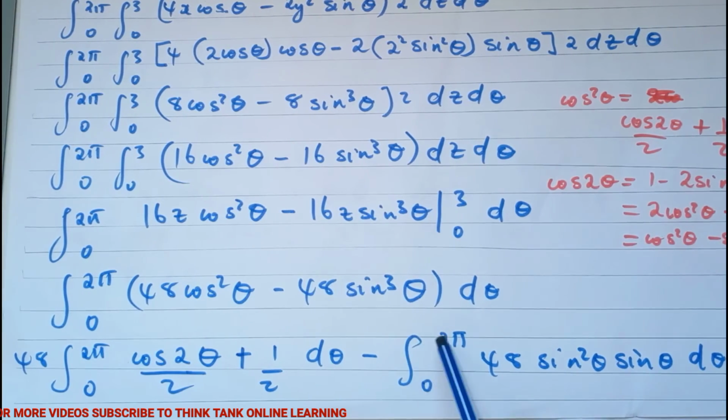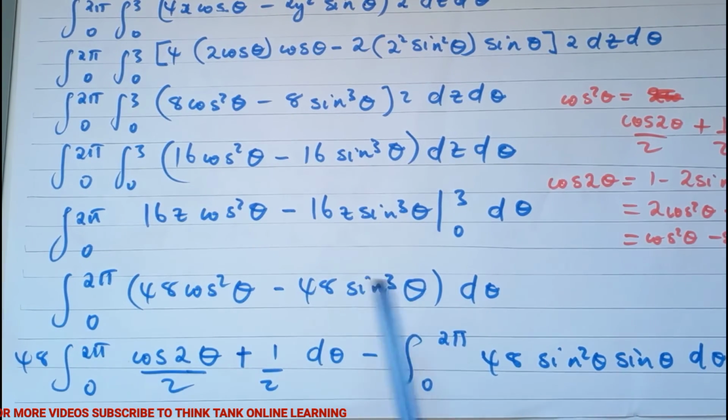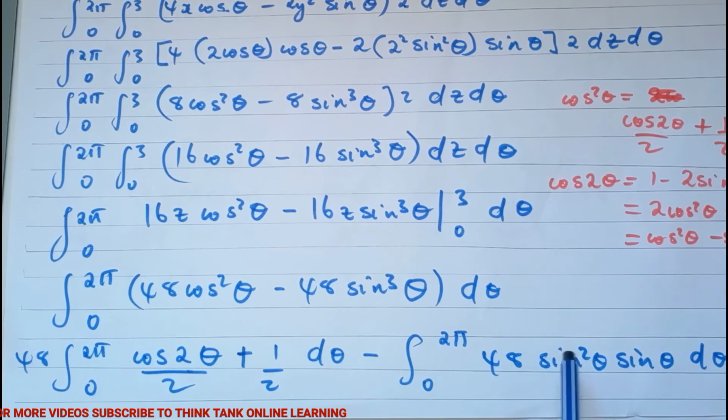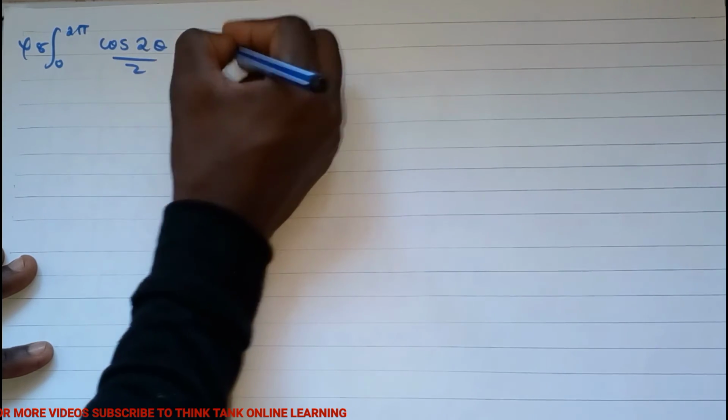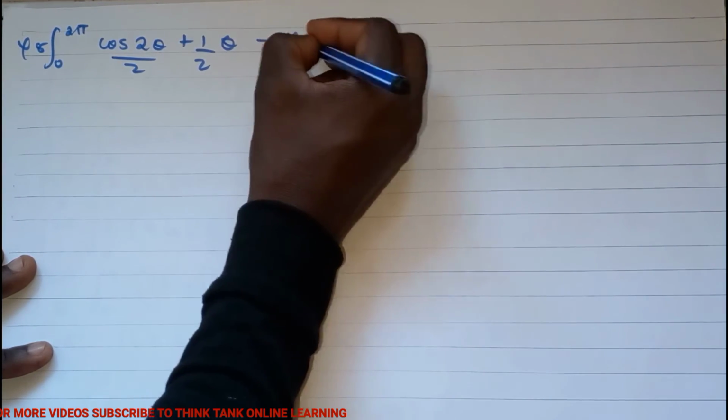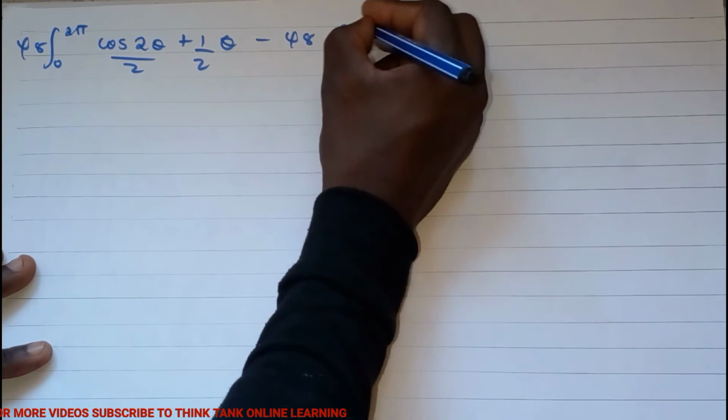Okay, so instead of writing sine cubed theta, I write sine squared theta times sine theta. This is going to ease my substitution. So what I'm going to do here is finish my integrals. We got 48 integral from 0 to 2 pi of cos 2 theta over 2 plus 1/2 d theta, minus 48 integral from 0 to 2 pi.